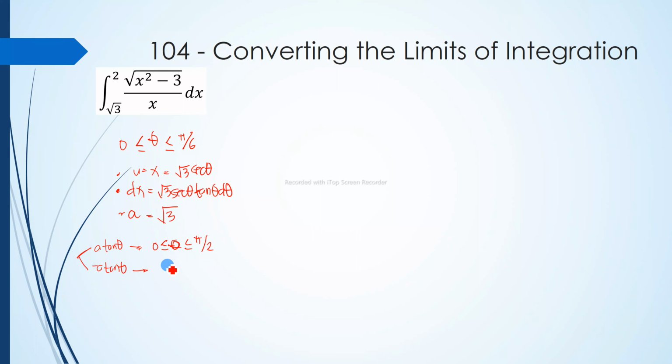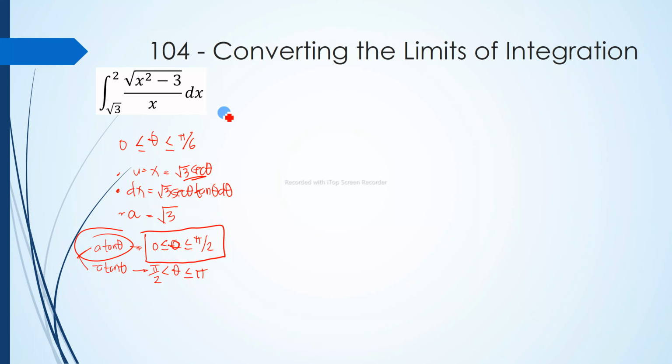The negative a tangent theta, we use that if our theta is greater than pi over 2, but less than or equal to pi. So obviously our lower limit is within this range. So therefore it is right to use our a tangent theta or square root of 3 tangent theta in our substitution.